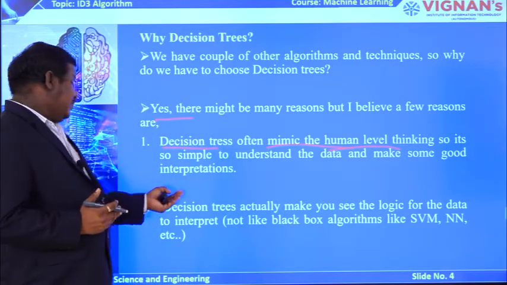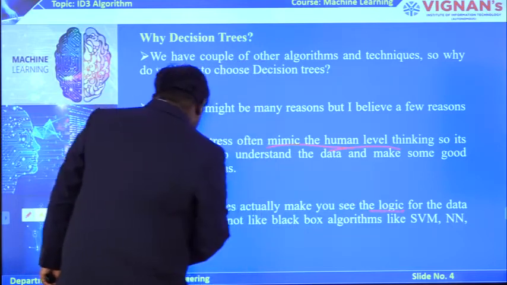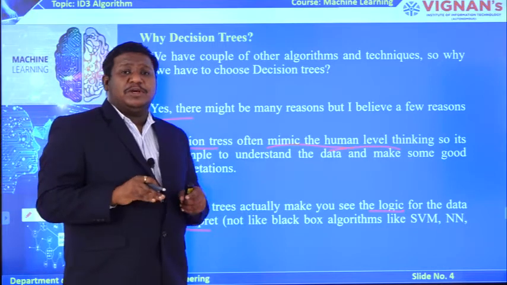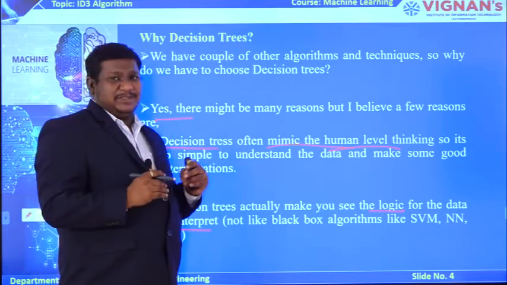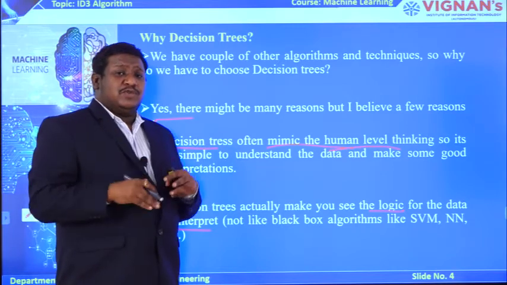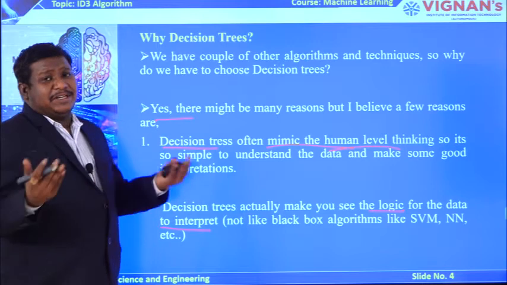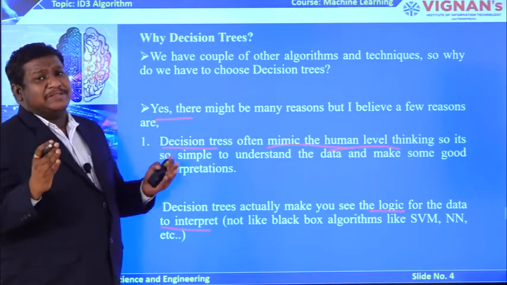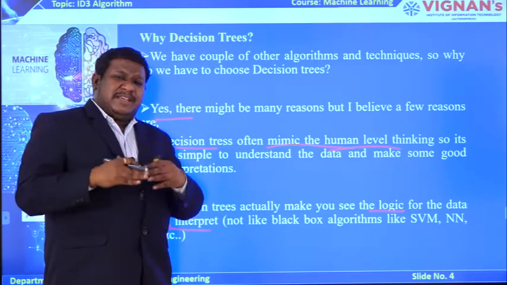The second advantage is that decision trees let you see the logic for interpreting the data. The logic we consider for interpreting the data is given to you in these decision trees. That is the major advantage. So why do we go for decision trees? The important thing is that they mimic a human being: whenever you classify data, the way a human would classify it, decision trees classify it in a similar fashion.